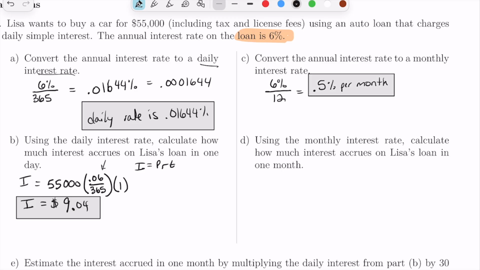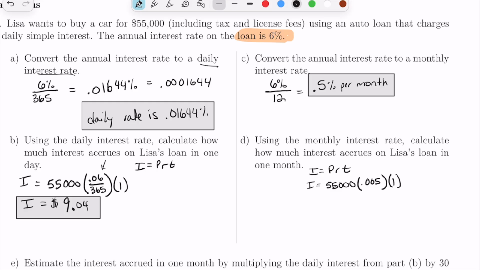Use the monthly interest rate to calculate how much interest accrues on Lisa's loan in 1 month's time. Well, we'll still use I equals PRT. Our principal is still 55,000. Our rate will be 0.5. Oh, sorry, we need to change that to a decimal, which will be 0.005. And then we want that for 1 month.